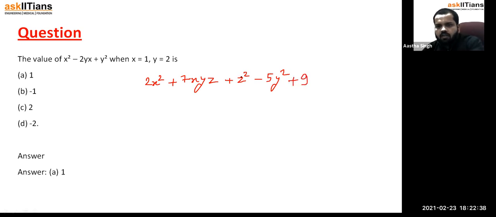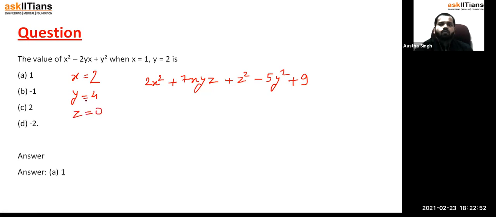A good question is there. The values are given: x is equal to 2, your y is equal to 4, and your z is equal to 0. So you have to calculate the value of this expression.